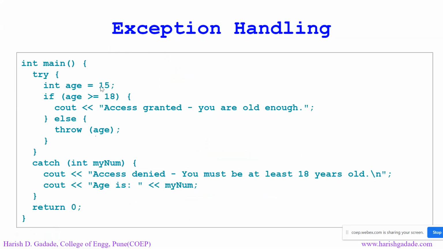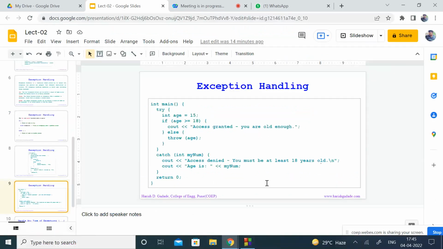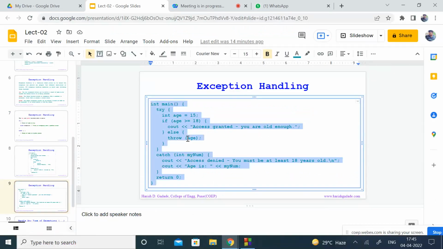If that age is less than 18, then we are throwing this error, right? Whatever this age is, we are throwing to this catch, and here we are taking that value, and simply we say here access denied, you must be at least 18 years old, and we print that your age is something, right? So if you see here, we can change that also here.